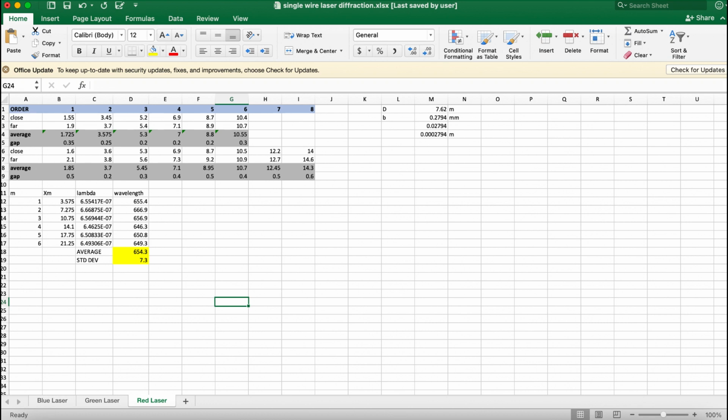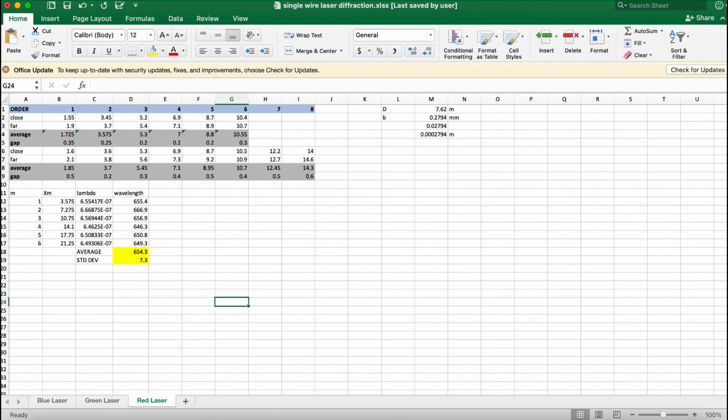To do that, I simply measured the distance to the close and the far edge of the marks that I had made, and then said that the average between those two was going to be the total distance for that particular diffraction order gap.